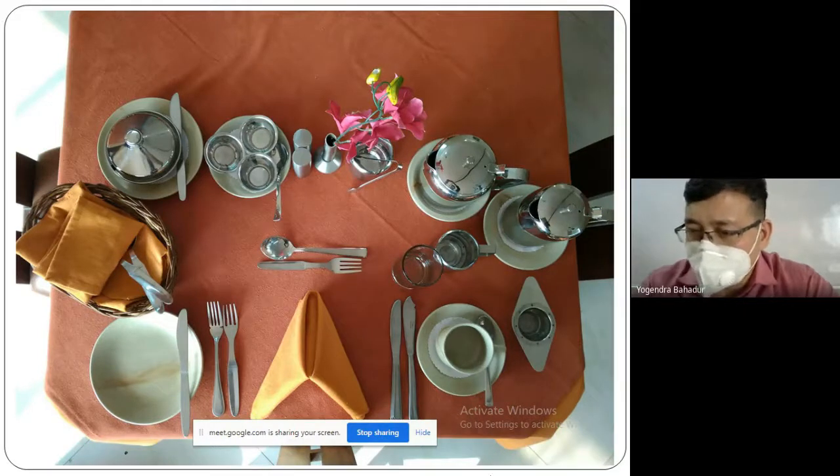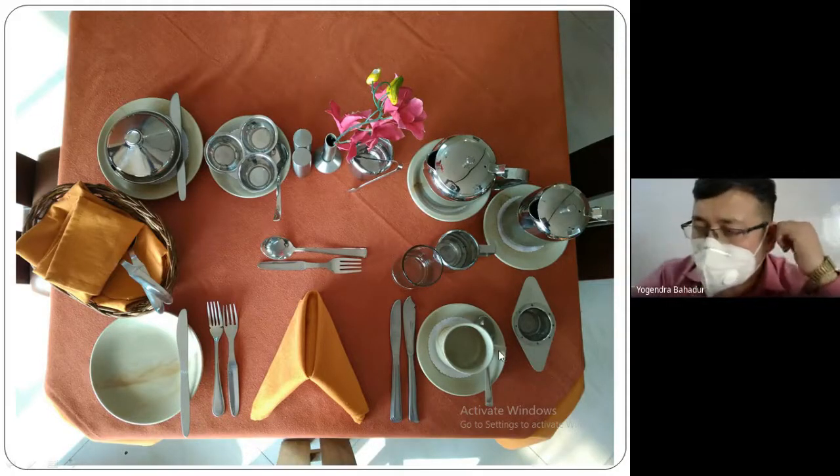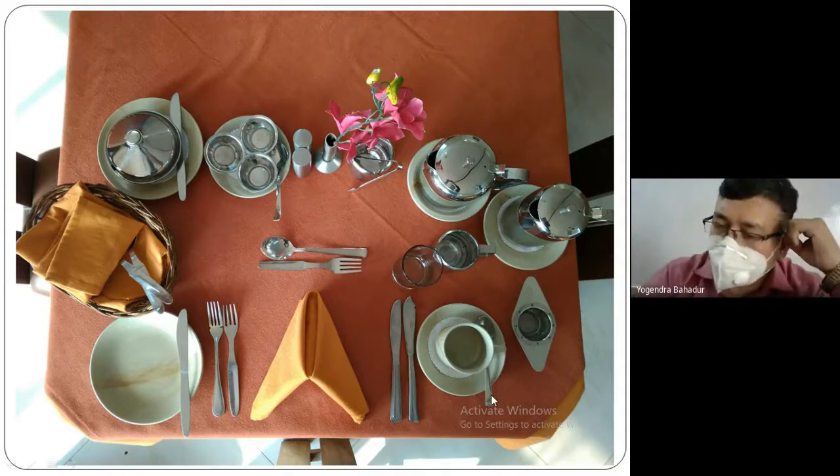And next to the saucer, the teaspoon is placed. See the direction of the handle of the cup and the teaspoon; you will find we have given a 90-degree angle.